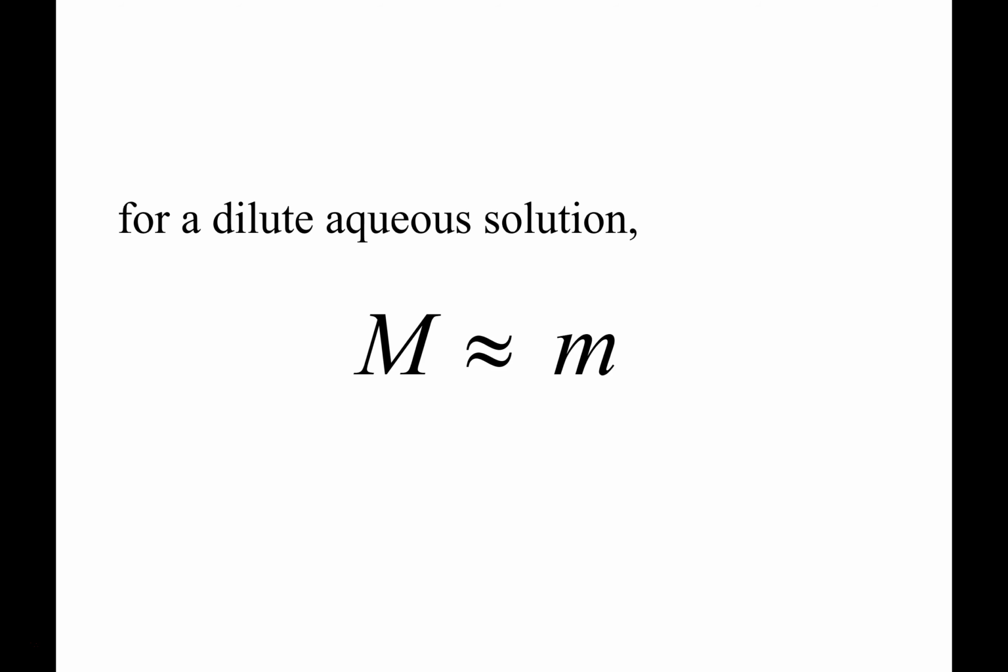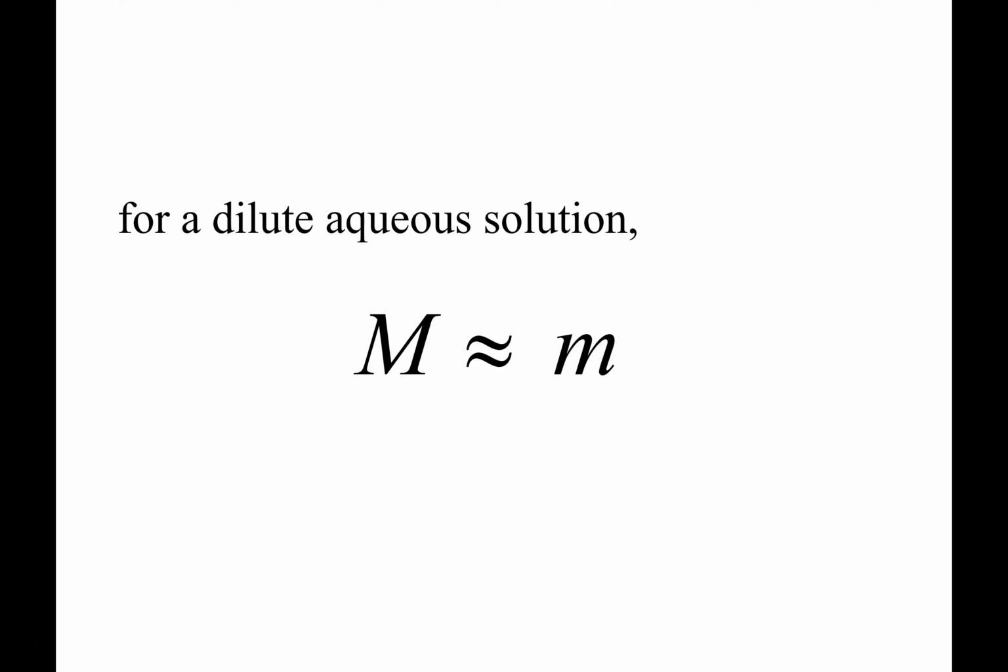But here's one for you, and don't dwell on this too much, and I'm not going to pull you through a proof, although I've proved it to myself before. If your solution is dilute aqueous, so if your solvent is water and there's not much solute in there, then the mass of a liter is 1,000 grams, 1 kilogram.